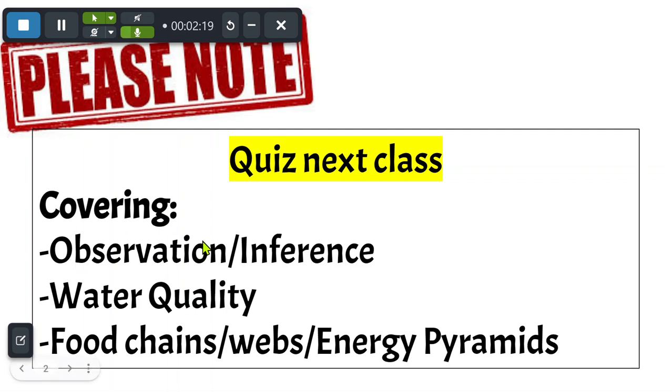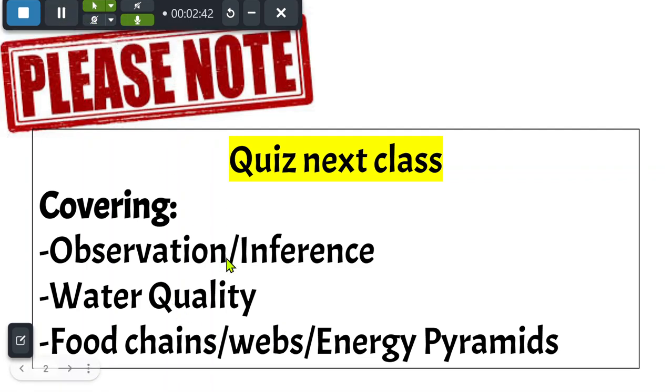All right, so on your quiz, you'll have some questions about those observations and inferences. You're going to have some questions about water quality. Remember the big points, right? You want to know your important values for nitrites and for pH and for dissolved oxygen, clarity, and I am forgetting one. What am I forgetting? Temperature, I think. I think I got them all.